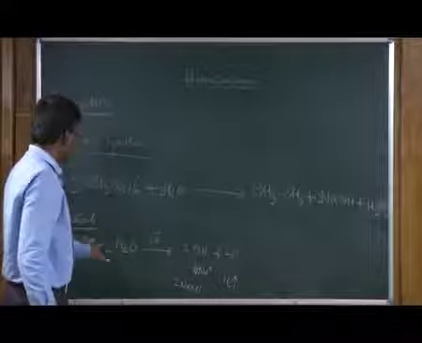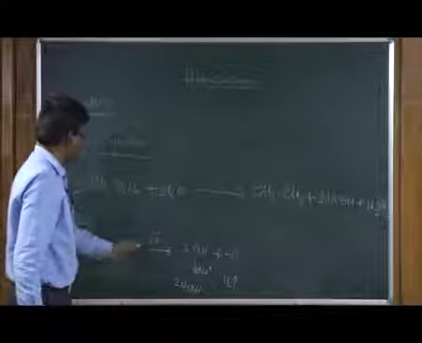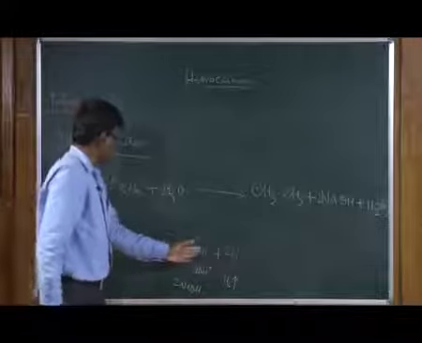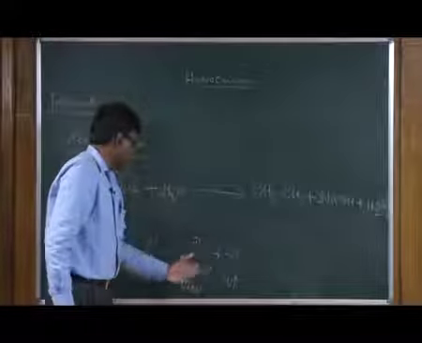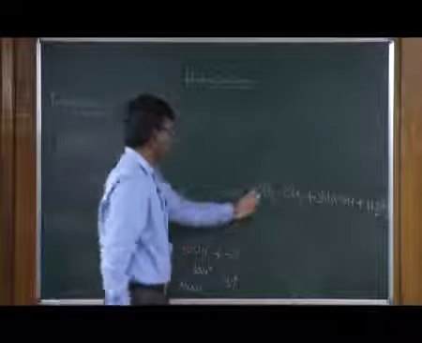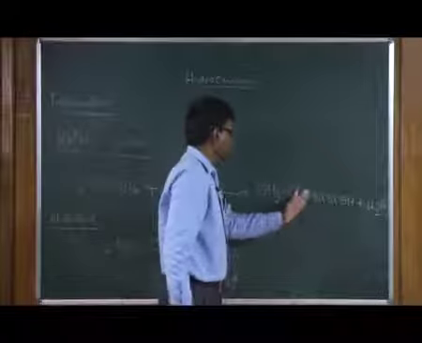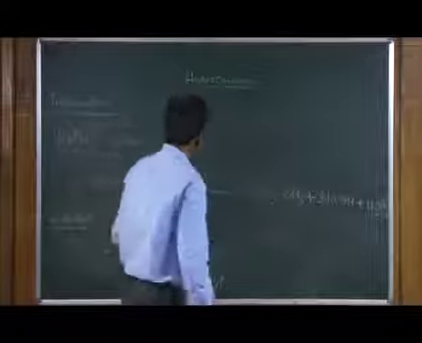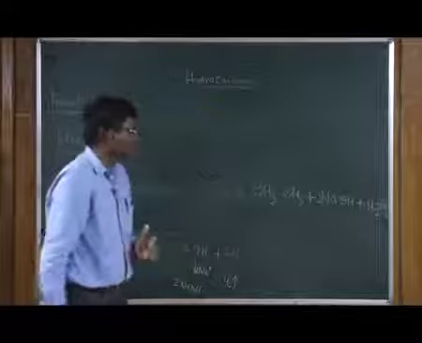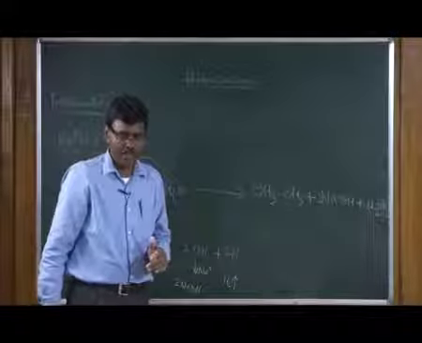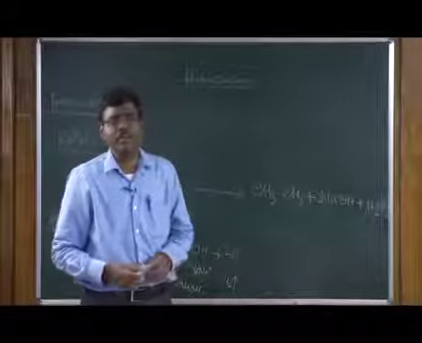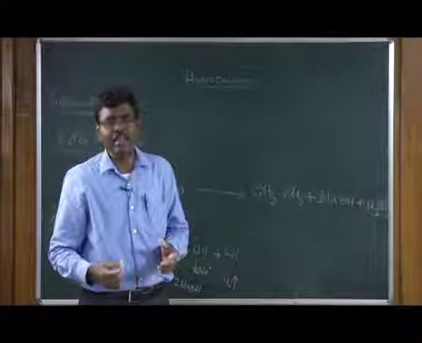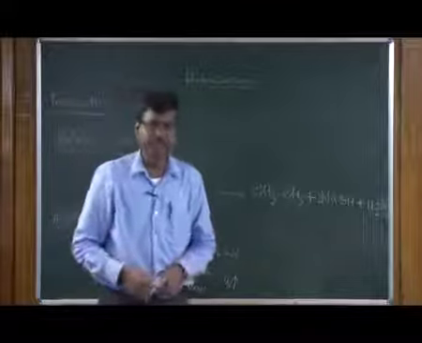So, at the cathode it takes these 2 electrons, the water is reduced and converted into hydrogen gas and sodium hydroxide. At the anode you generate the alkane and carbon dioxide. So, with this I conclude today's lecture, and we will see alkenes and alkynes in the next lectures. Thank you very much.